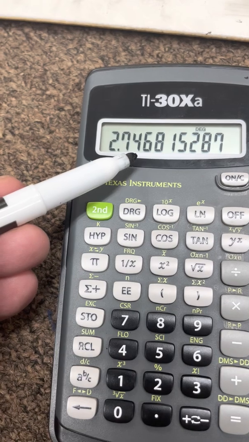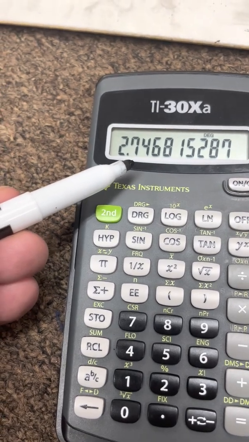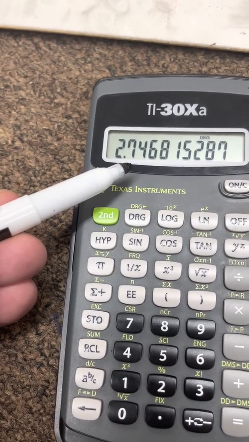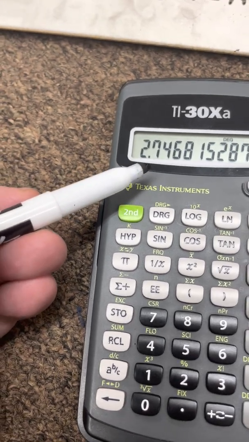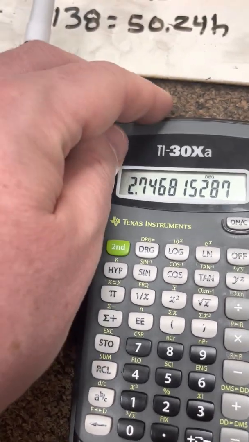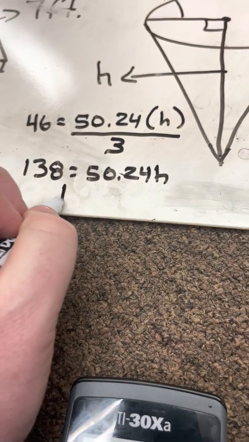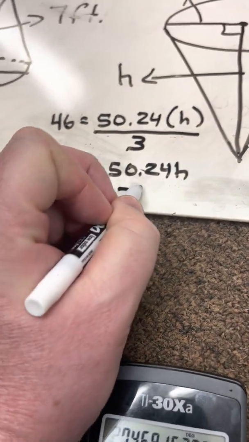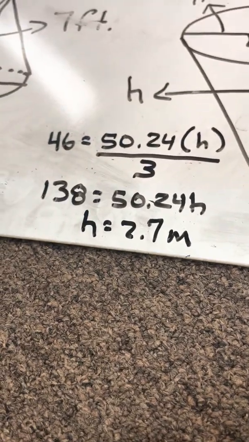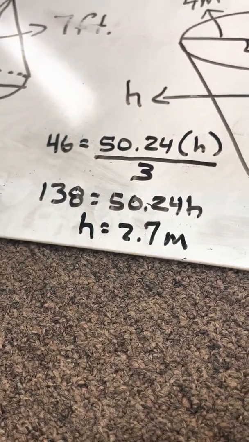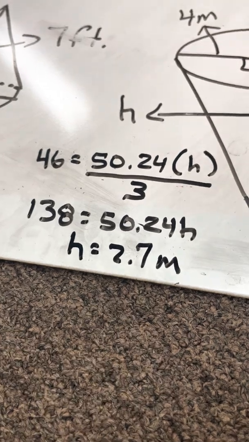So I'm going to keep this as a 7. So in actuality, H is going to equal 2.7 meters. All right, so that's volume of cones. Talk to you later, 8th grade. Bye.